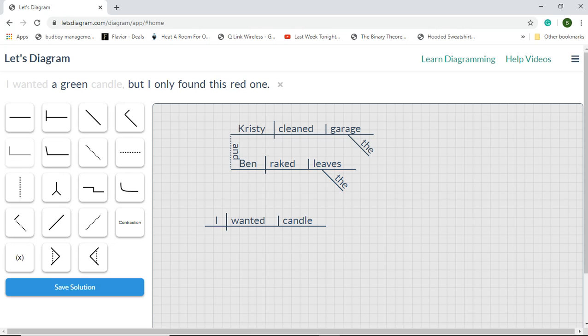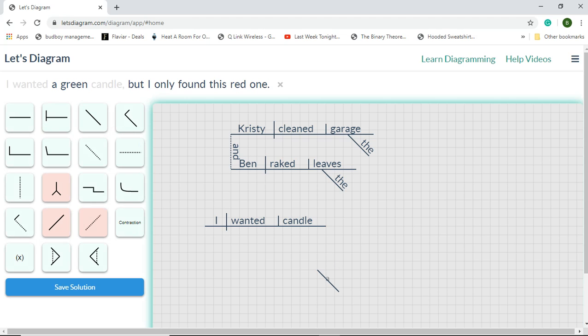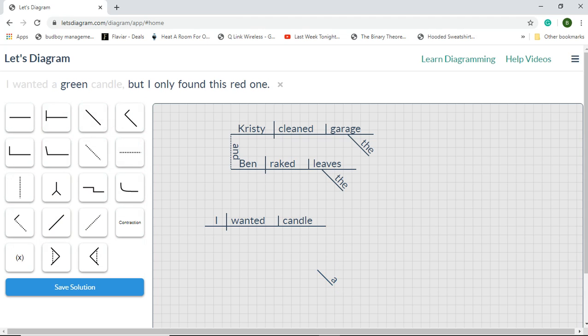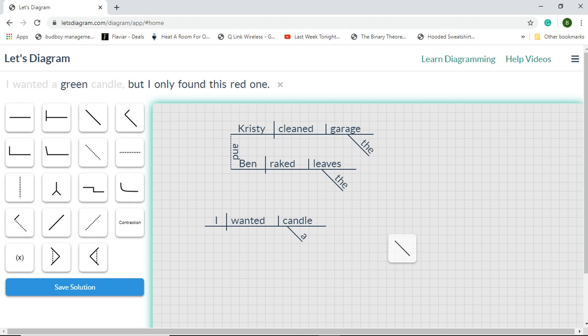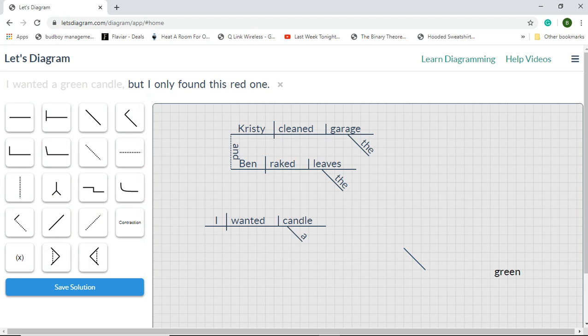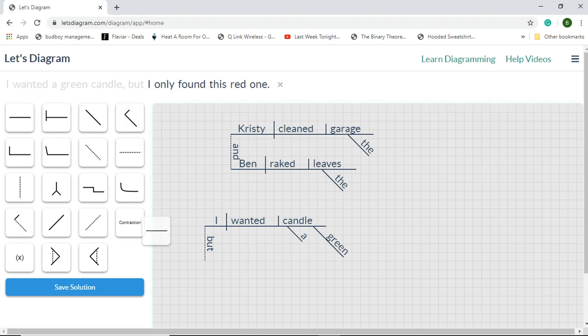What type of candle is it? It is a green candle. A is an adjective, and green is an adjective modifying candle. Then we connect it with our coordinating conjunction. Super simple. But, remember FANBOYS: but is our coordinating conjunction.